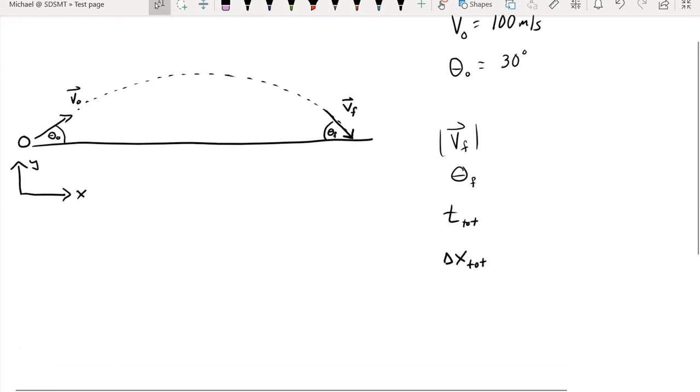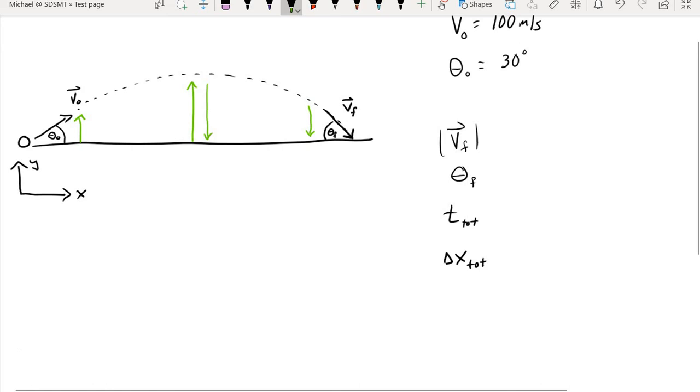Now I know that we've seen previous problems where we let the vertical axes point down, but if you notice, during certain parts of the flight, we have velocities and displacements that are pointing up, but then during other portions of the flight, we have velocities and displacements that are pointing down.